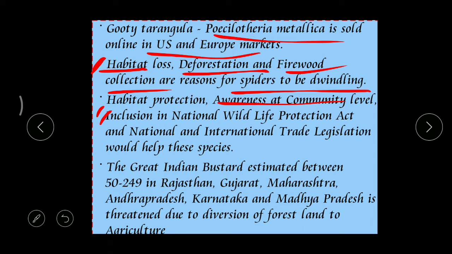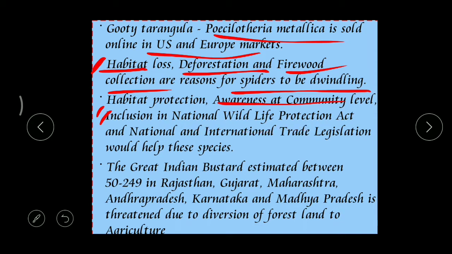And what's the next one? Inclusion in the National Wildlife Protection Act. That means whenever we bring some rules and regulations in the National Wildlife Protection Act against this species, then automatically we can control it. And even national and international trade legislation.